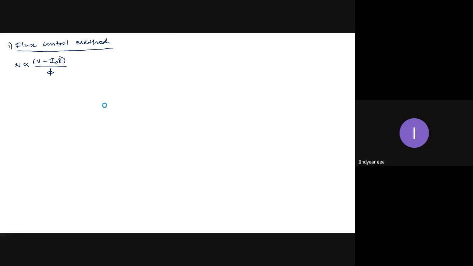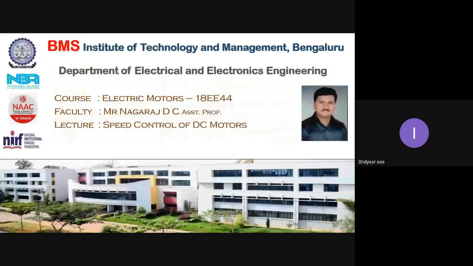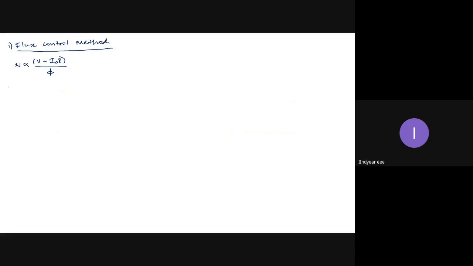Exclusively now we are studying the speed control of a DC shunt motor. A shunt motor can be drawn.